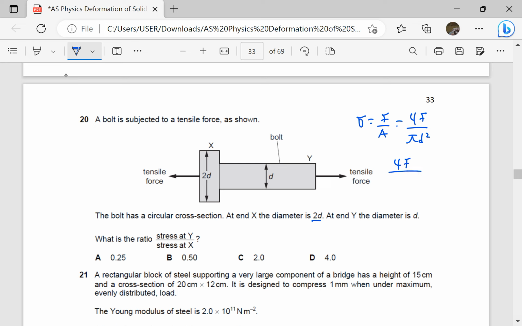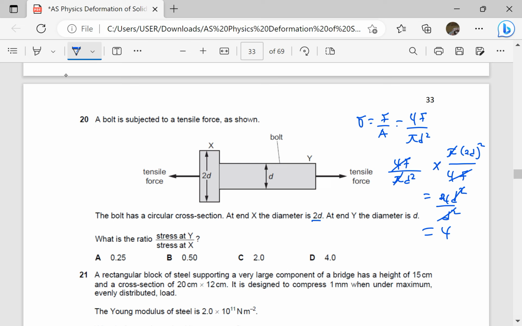Divide by stress at x, so I'll just get the reciprocal, which will be pi times the diameter at x, twice d, squared, then divide by 4 times F, because the tensile force is the same. So 4F has cancelled, pi has cancelled, so we remain with the ratio, which is 4 d squared divided by d squared, and this gives us a ratio of 4.